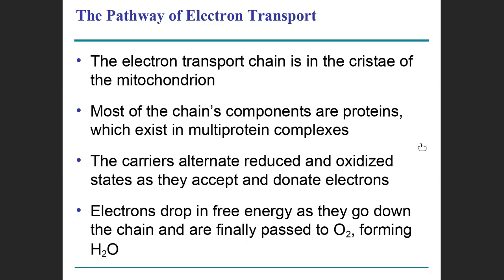Electrons drop in free energy as they go down the chain. So remember, all that energy has to be released in small amounts, right? So as not to burn up the cell, because heat is being produced and being released. Ultimately, those electrons end up combining with oxygen and some hydrogen to make water.